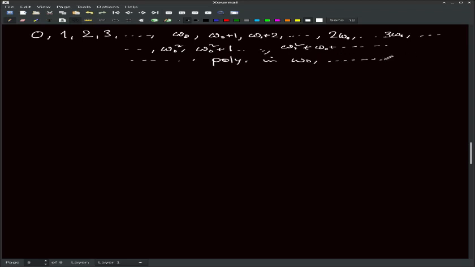And it carries on and on. Finally, it comes to omega 1, which corresponds to this cardinal, 2 to the power aleph naught. Well, this is again another hypothesis. And it carries on and on. So all these ordinals.